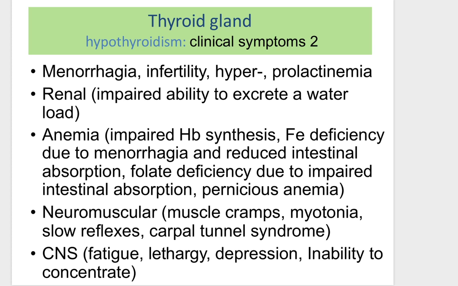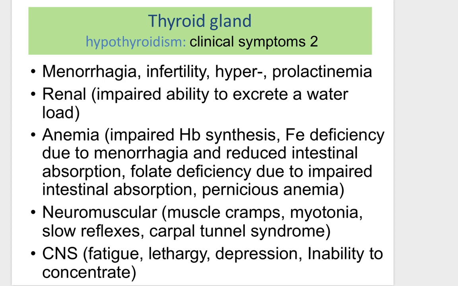In females, it can be menorrhagia, infertility, hyperprolactinemia. Renal disorders include impaired ability to excrete a water load. It can be anemias by impaired hemoglobin synthesis, iron deficiency due to menorrhagia and reduced intestinal absorption, folate deficiency due to impaired intestinal absorption, and pernicious anemia.